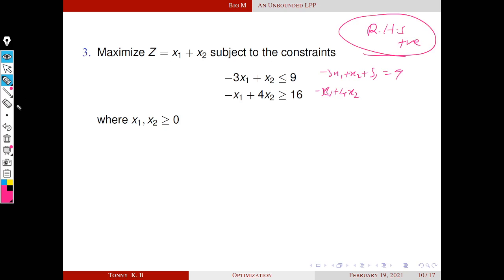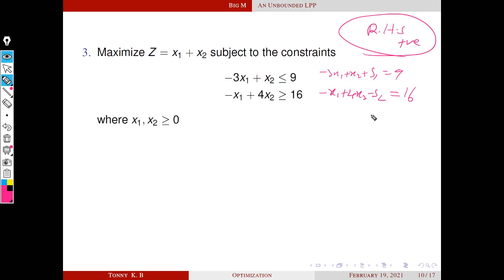In standard form, RHS should be positive. So what is the standard form of the second constraint? Plus 4x2 minus s2, equal to 16. That is okay, but we have to solve this problem using the simplex method.